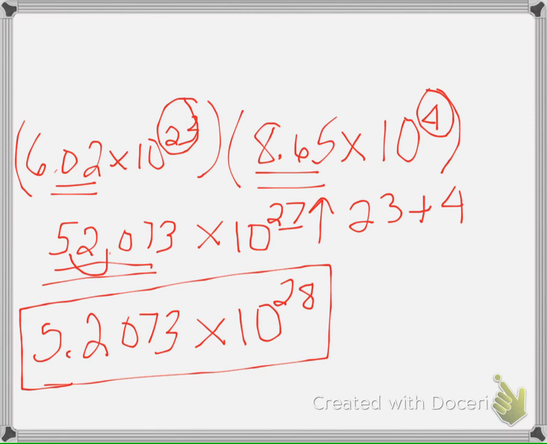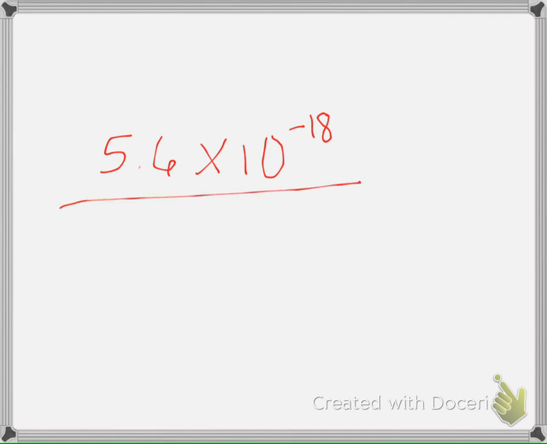Now let's do one where we're going to divide scientific notation. So 5.6 times 10 to the negative 18th. This time it's a very small number. We're going to divide that by 8.9 times 10 to the 8th power.